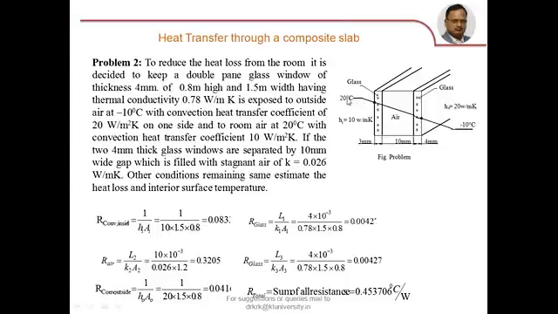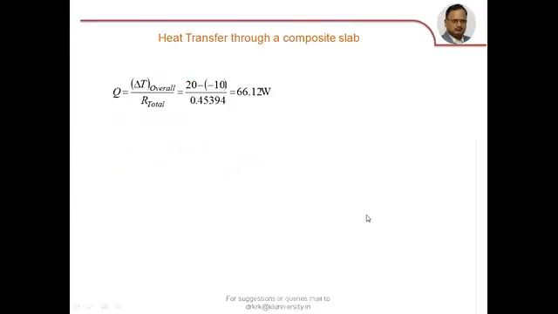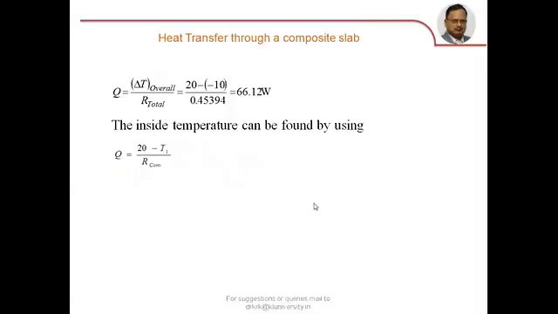What resistance is there between the surroundings and the surface? Convective resistance 1 by h_i A_i. So that is what is written here, 20 minus T1 by R convection. So T1 equals 20 minus Q into R convection, and you will get 14.5 degrees centigrade.